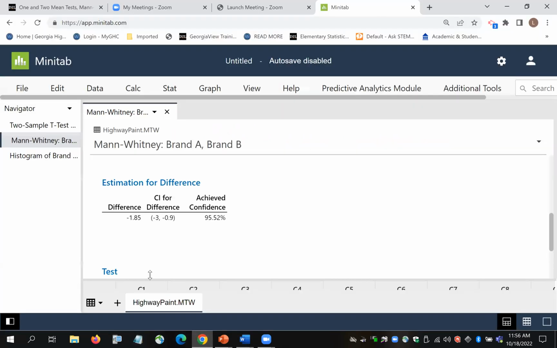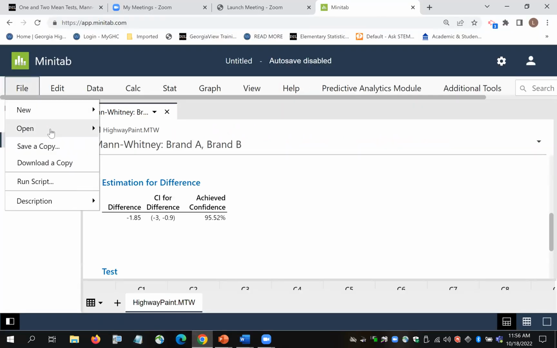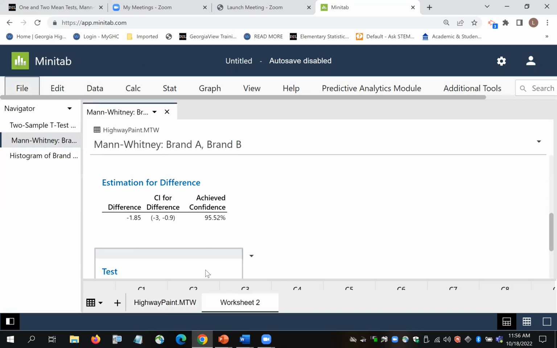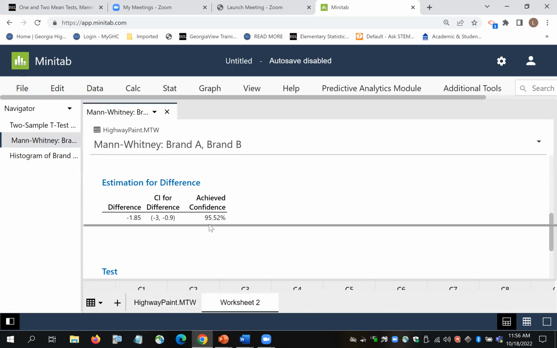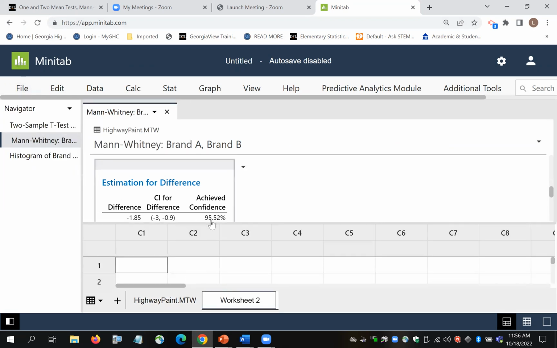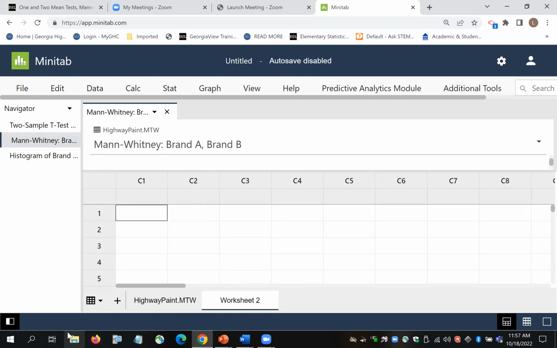So I'm going out to Minitab and I'm going to get a new worksheet so I have a clean sheet. And I have to enter the data from that problem. It doesn't matter which one you put in column 1 and which one you put in column 2, but you need to know which one is before and which one is after. So this is before hypnosis, and this is going to be after hypnosis.